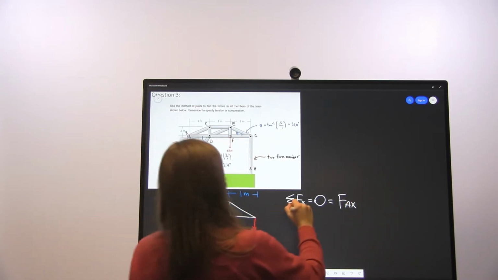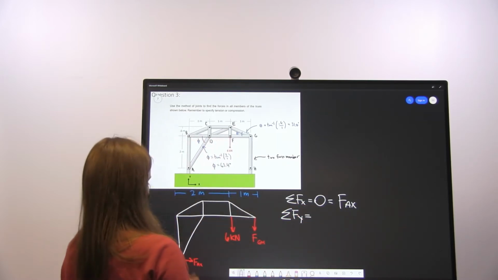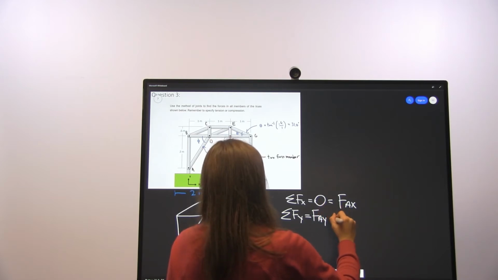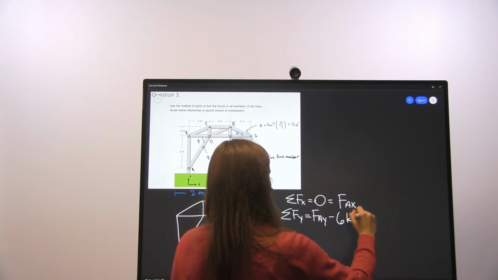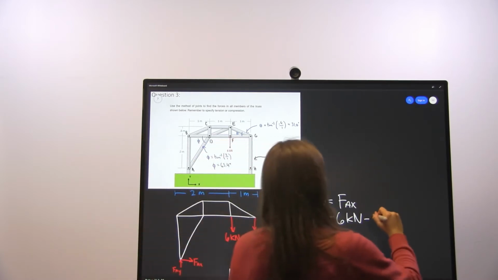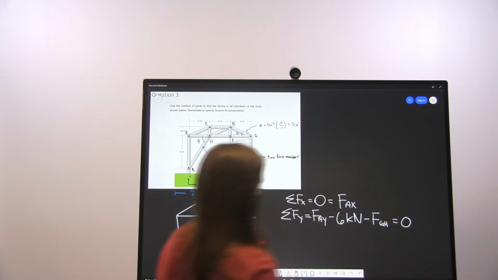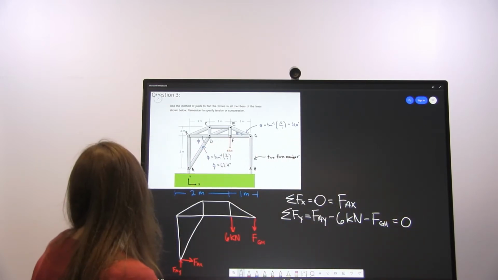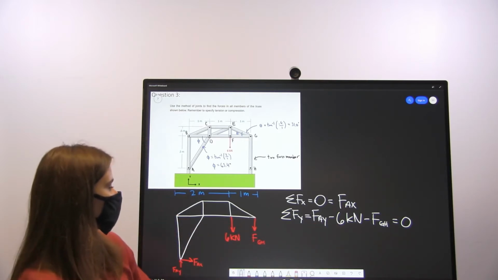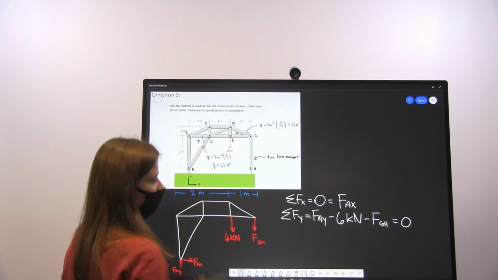Then for our net forces in the Y direction, we have positive force at A in the Y direction, minus 6 kilonewtons, minus the force GH, because those are in the downward direction. Downward we're going to treat as negative. And we can't solve for the force at A in the Y direction or the force at member GH yet.